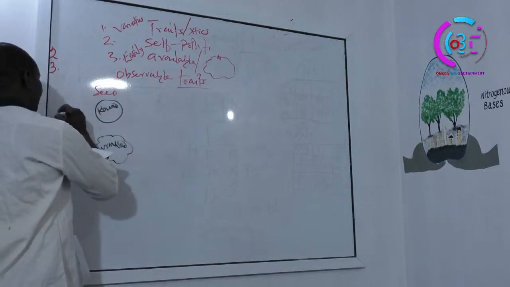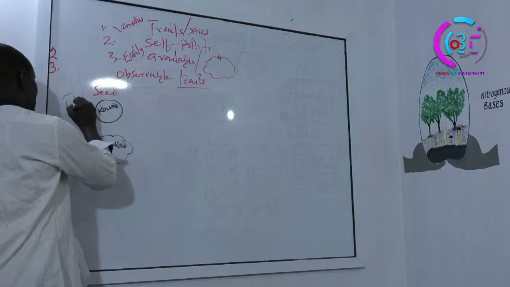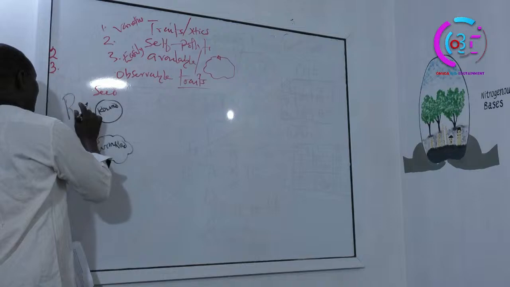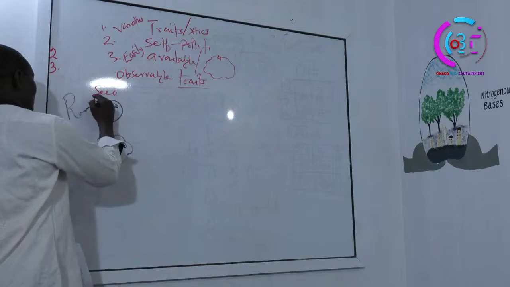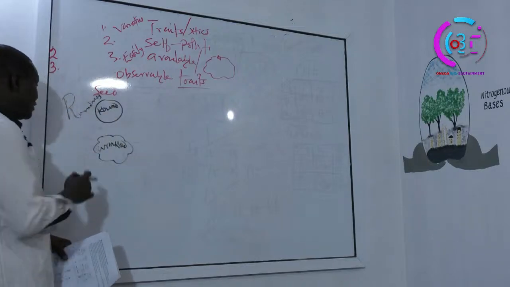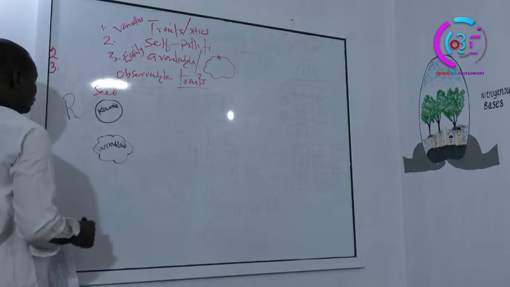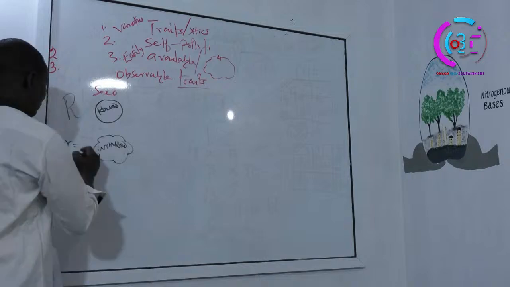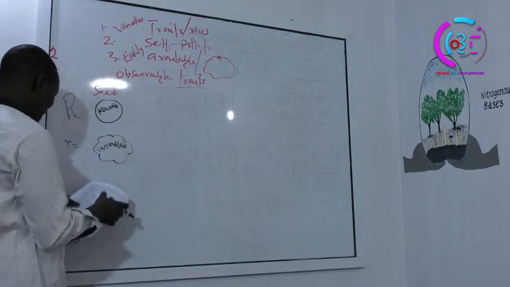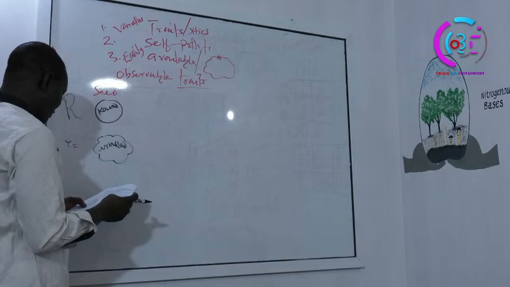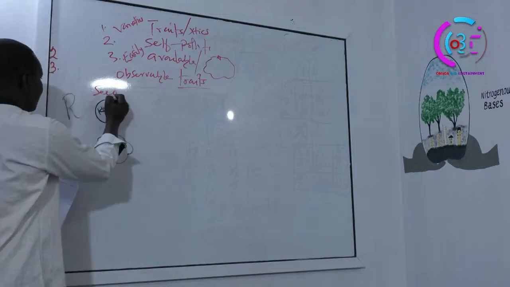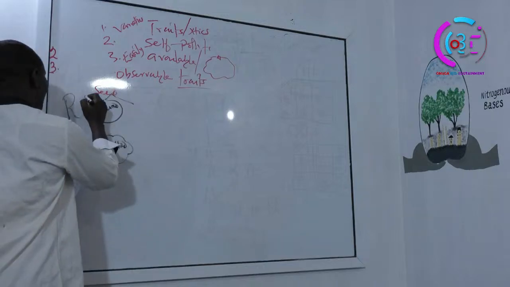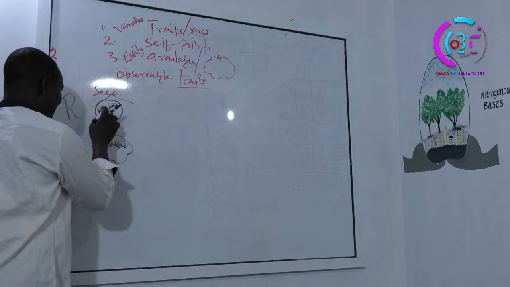If capital R is representing roundedness, then small r, which is going to be the alternative, is going to represent wrinkledness. So that is one of the observable traits. Then under seed alone, the form is either round or wrinkled.